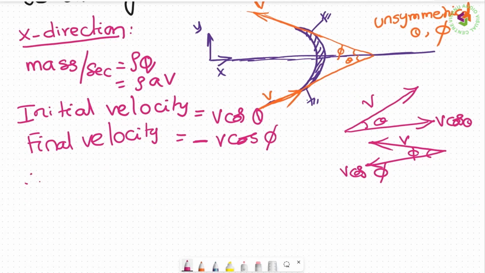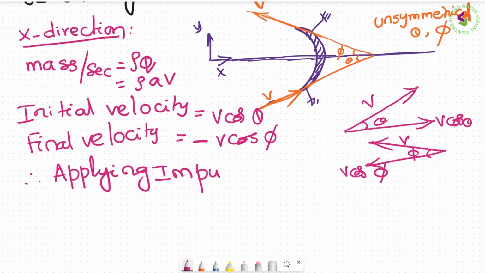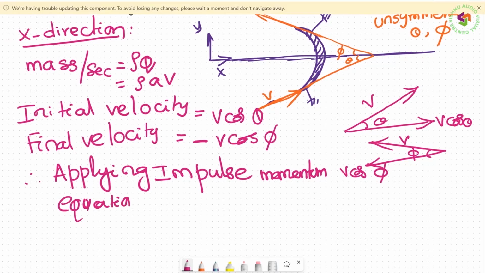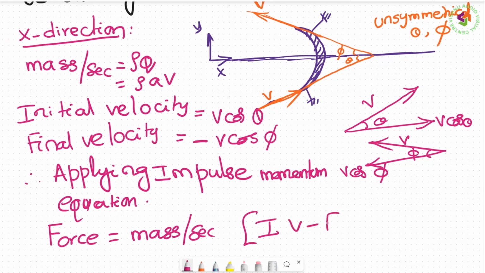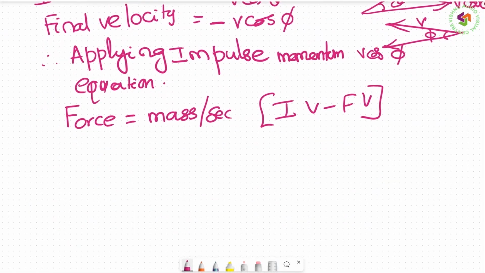So therefore, applying the impulse momentum equation, force is equal to mass per second into initial velocity minus final. Again I am repeating, in whichever direction you are taking the force, naturally the velocities also should be in the same direction.